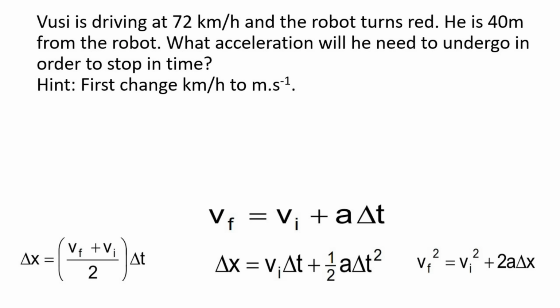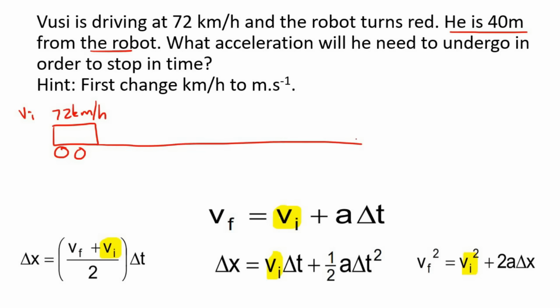Okay, so we've got a person called Vusi driving in a car, and the car is driving at 72 kilometers per hour. That is the initial velocity. Obviously, we need to first change it to meters per second, but we do have initial velocity. He is 40 meters from the robot.